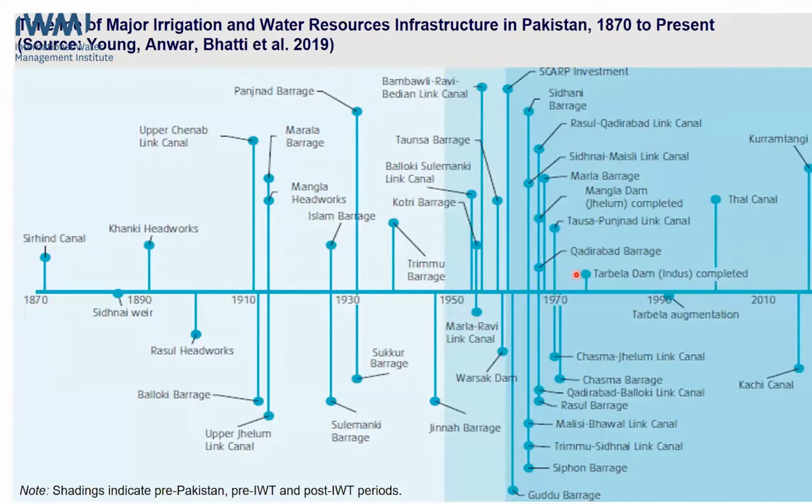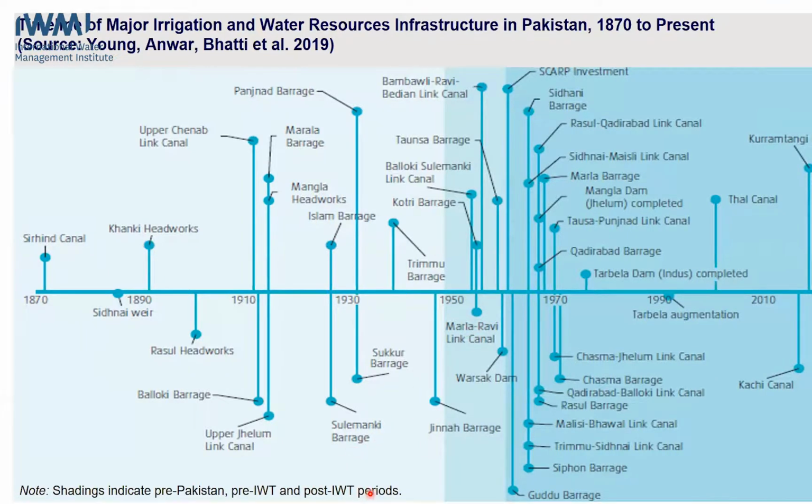In this slide, you can see the timeline of how Pakistan has invested in the irrigation infrastructure. The light shaded area represents the pre-partition time, and the medium shade in blue is the area after partition.